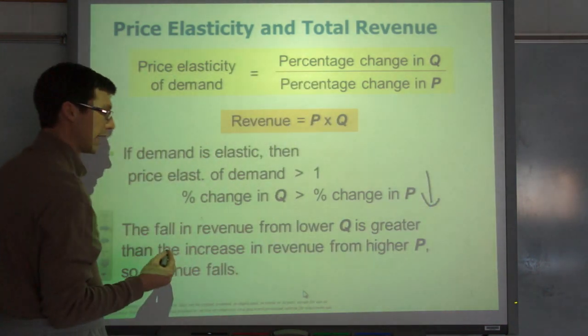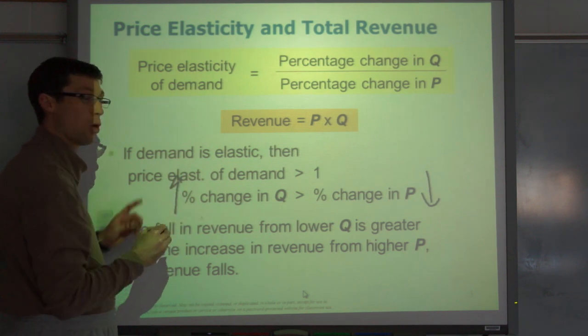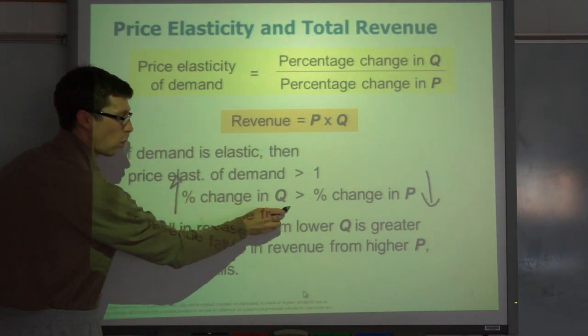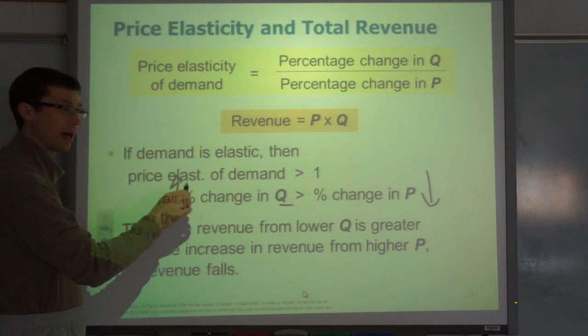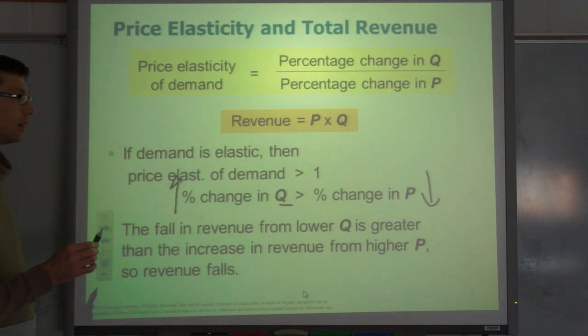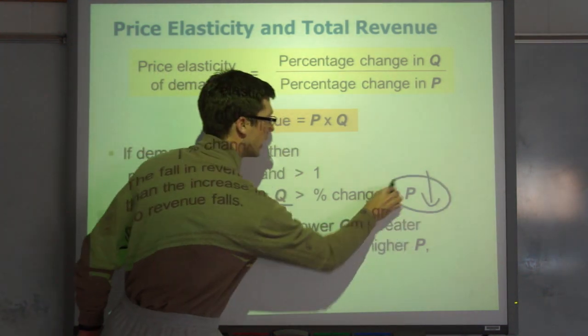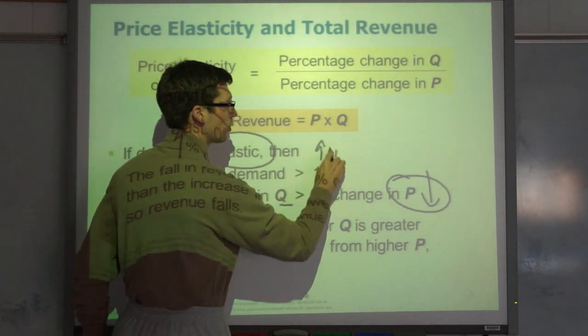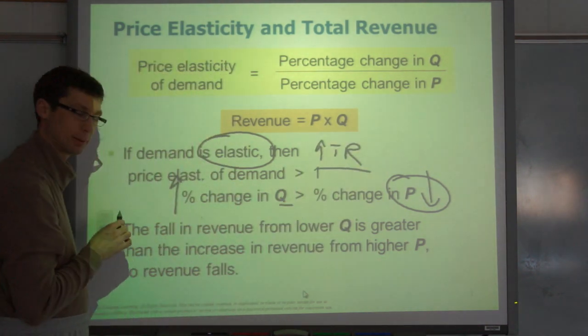If we drop the price, we are going to find more customers come and buy our good or service. And the percentage increase in quantity demanded will outweigh the percentage decrease in the price for each unit. So if we decrease the price and the demand is elastic, total revenue will go up.